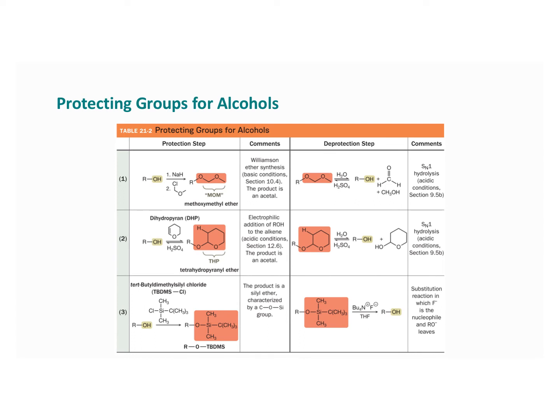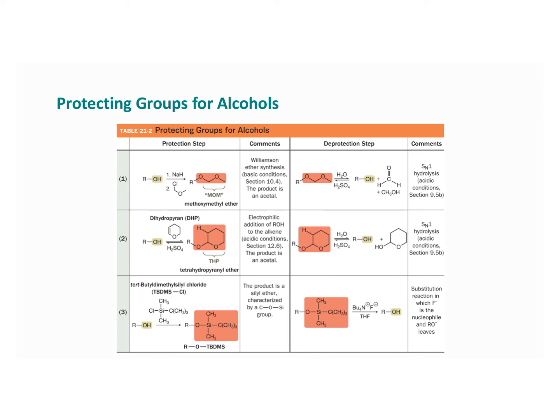For entries 1 and 2 here, right? The protection step produces an acetal, but this occurs through really different reactions. And so you can see the comments here talking about the reactions there. The protection step on entry 1 is a Williamson ether synthesis, and in entry 2, it's an acid catalyzed addition. If we look down here at entry 3, the protection step involves an SN2 to produce a silyl ether.